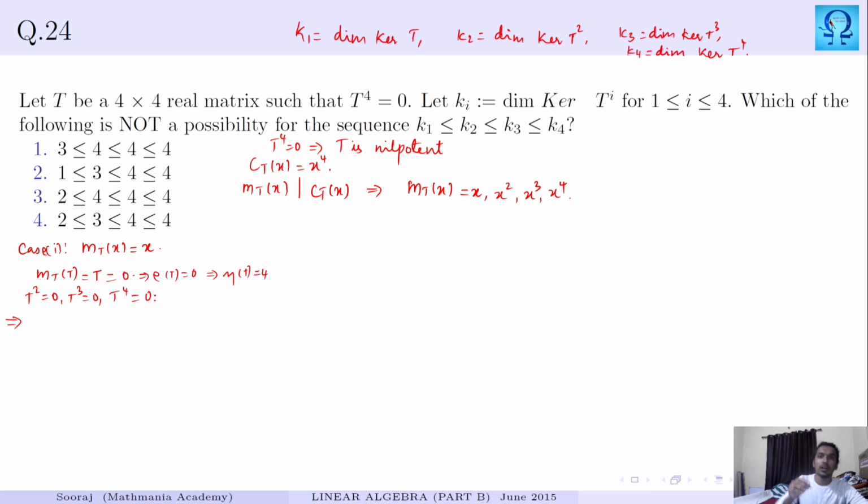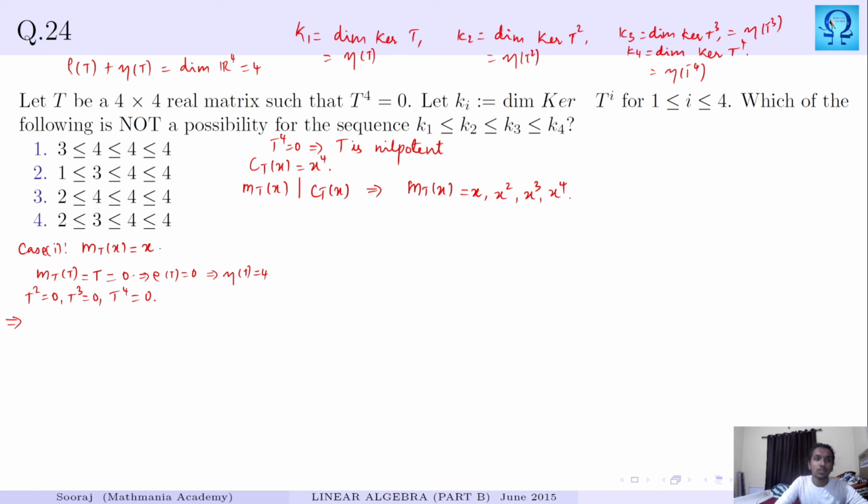So the dimension of the kernel is what? That is the nullity of T. This is nullity of T square, and this is nullity of T cube, and this is nullity of T to the power 4. So basically we are finding the nullity. In order to find the nullity, we know that by rank nullity theorem, rank of T plus nullity of T is equal to the dimension of the domain. Here it is a 4 by 4 matrix, so dimension of R to the power 4, which is 4.